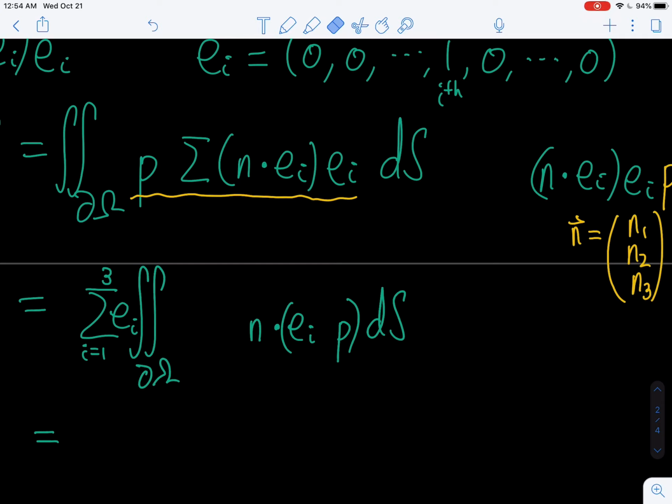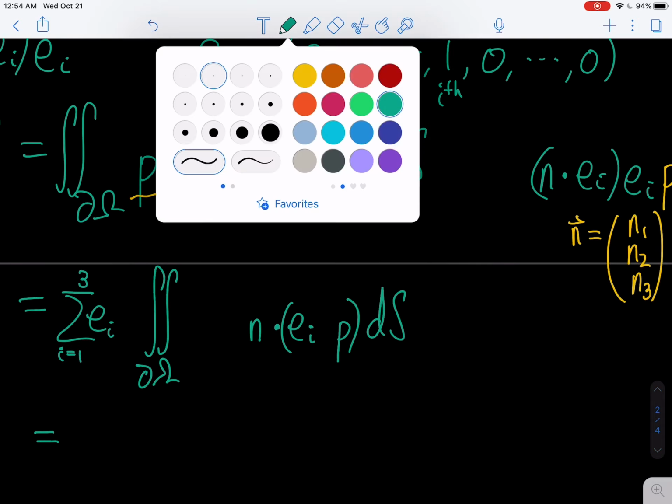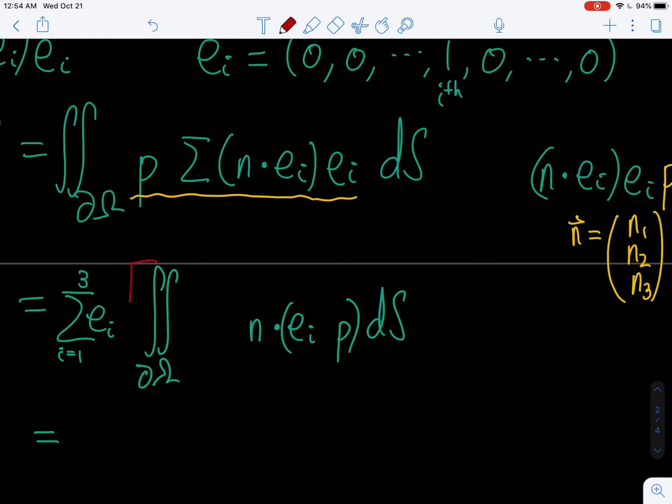Now I can use the divergence theorem. Where can I use it? Let me try and get this right. Okay, I couldn't get this right. Let me erase this and move this over here. I'm going to use the divergence theorem on this part, the red part.